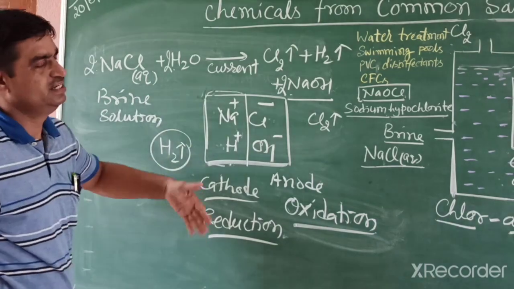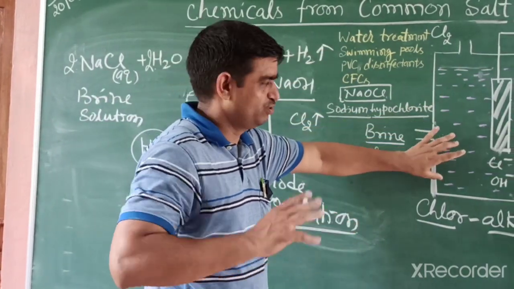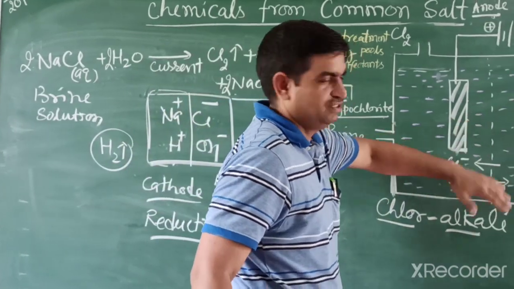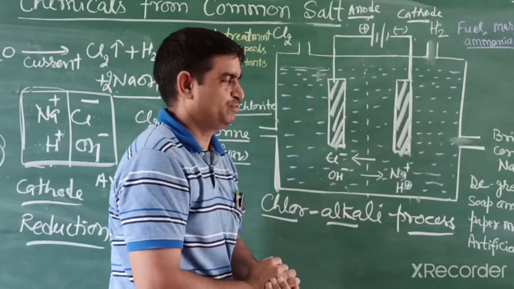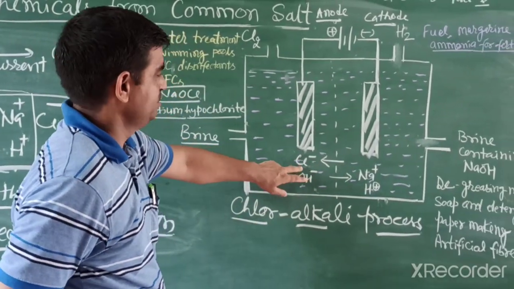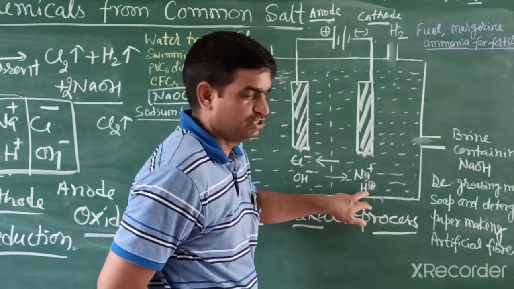You will study this in the redox reaction chapter. We don't want to discuss it because this is not included in your syllabus, only the simple chlor-alkali process. In this, chlorine is oxidized and hydrogen is reduced.